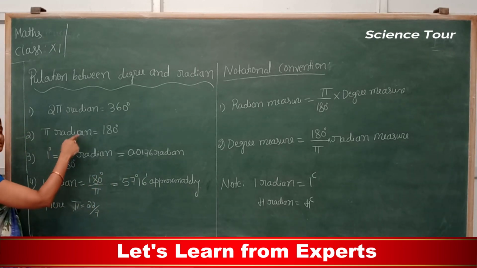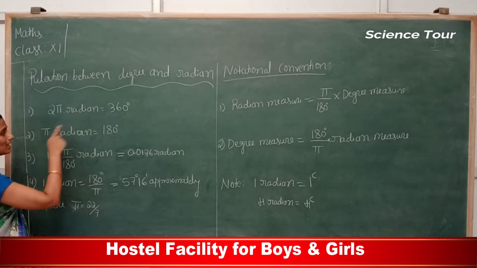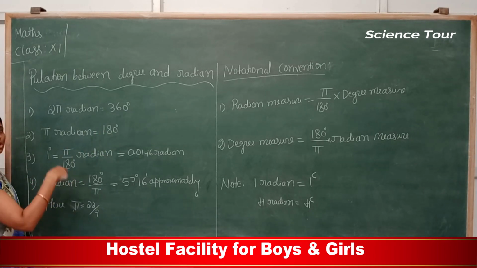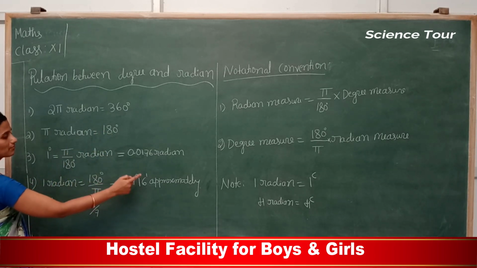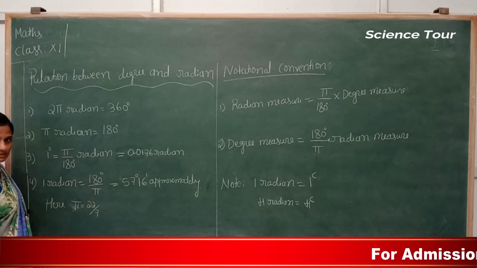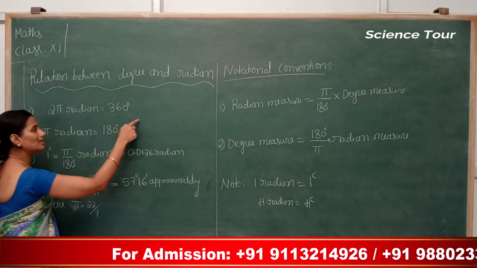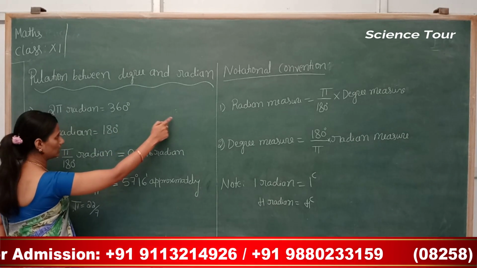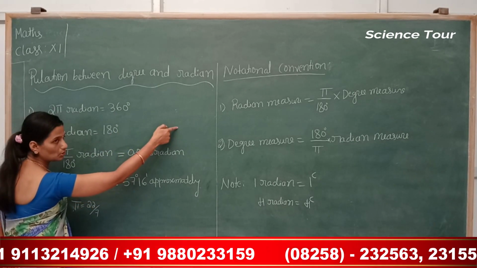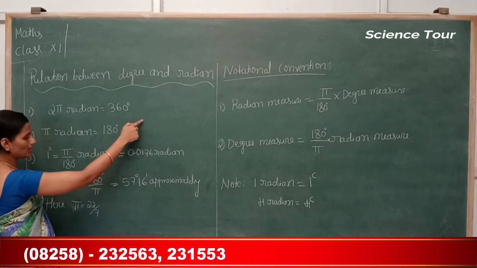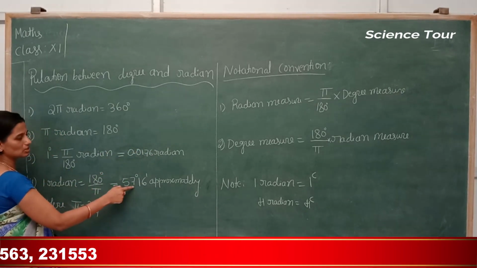So pi radian is equal to how many degrees? Pi radian is equal to 180 degrees. And 1 radian is 57 degrees 16 minutes. Clear? How to get this 1 radian? Use this: pi radian is equal to 180, so 1 radian is 180 into 1 divided by pi, and that simplification gives this.